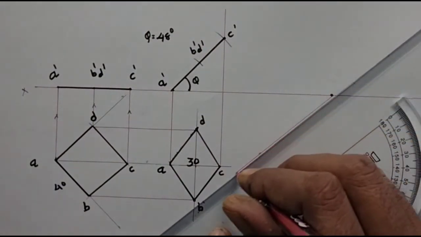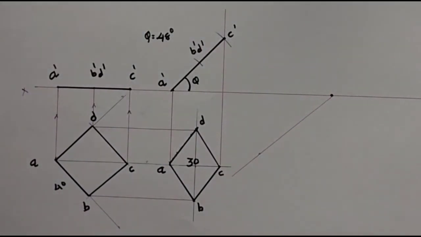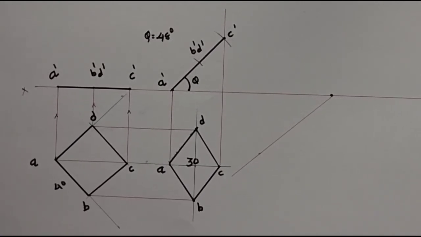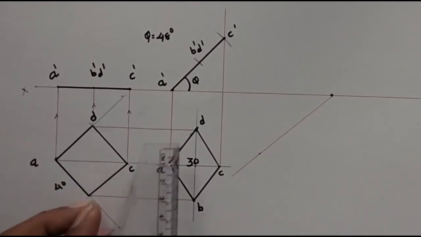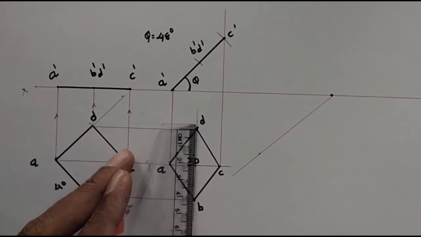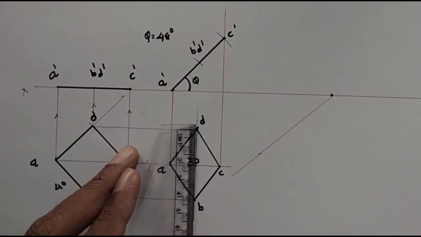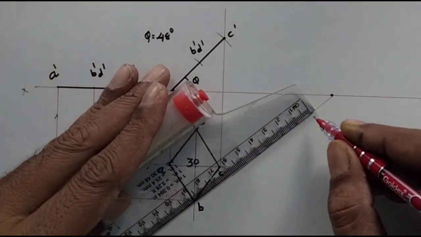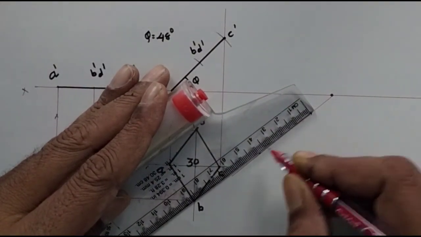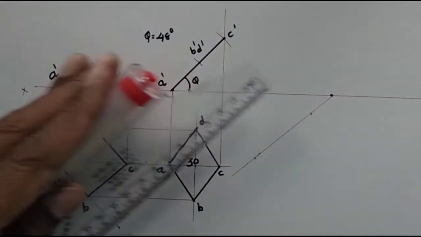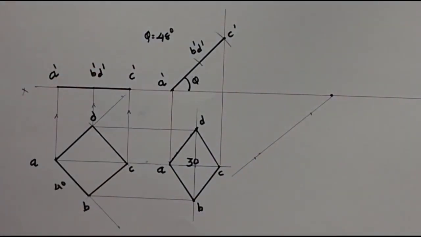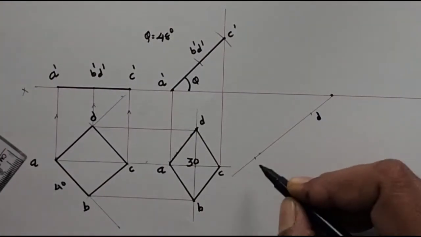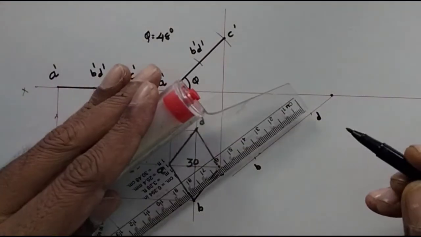On this inclination line, we arrange our BD diagonal. So first I measure the length of BD diagonal. It is 43 mm. So I mark the BD diagonal. So this is my D point. It is our B point.